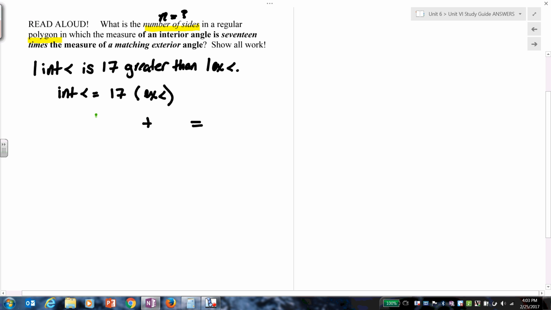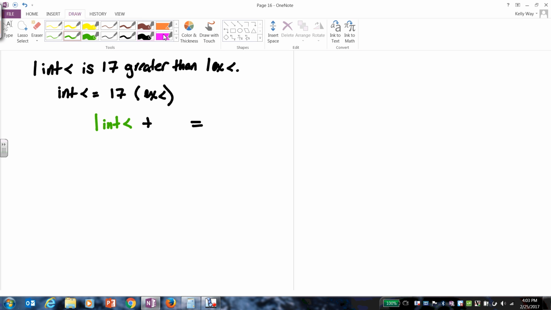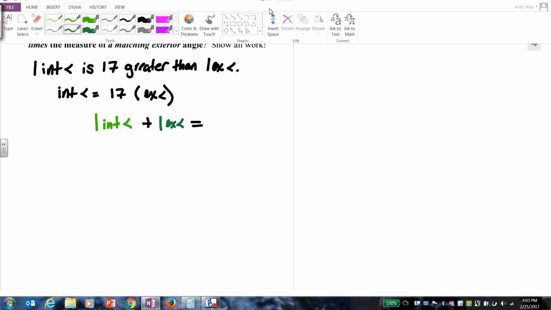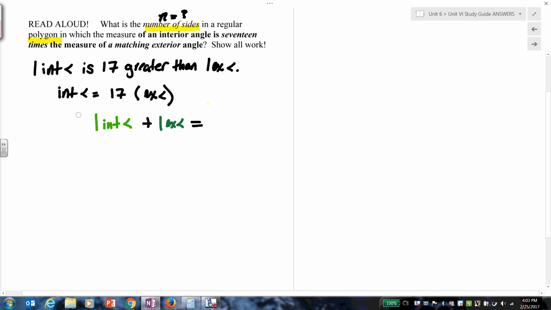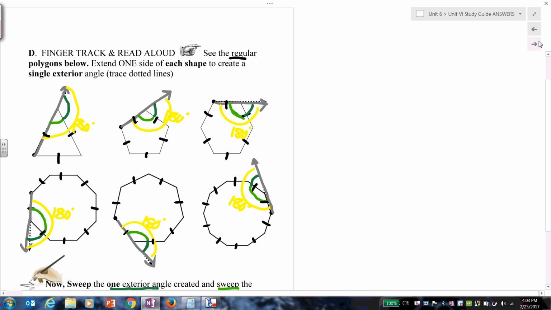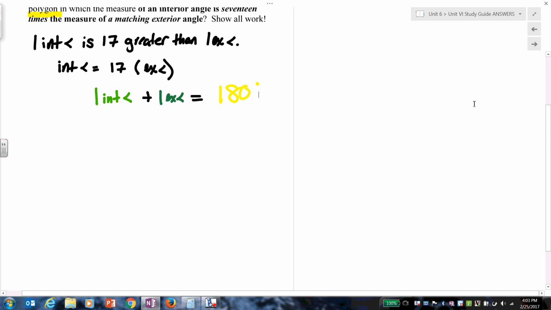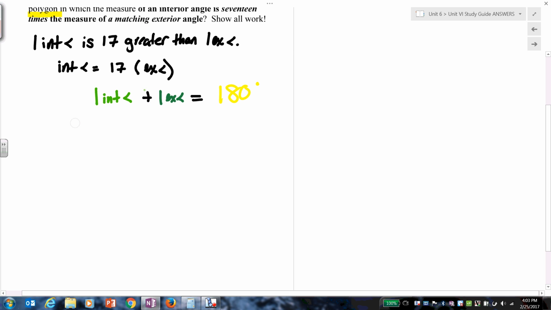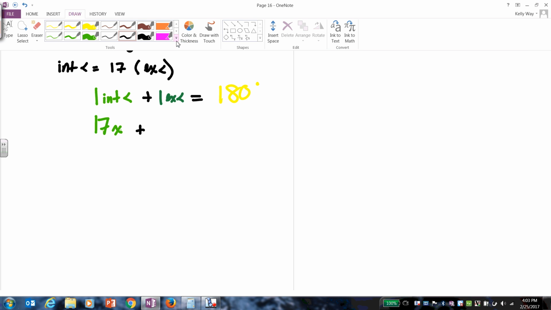We know that one interior angle and one exterior angle, regardless of the shape, has to add up to 180. We figured that out from this page. Let's continue. We know that we have here a 17x plus x relationship.